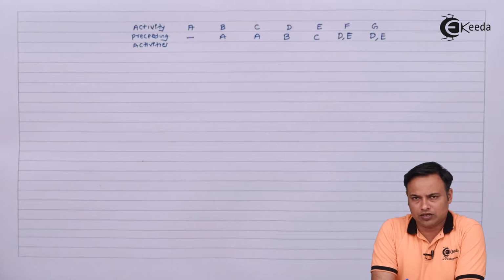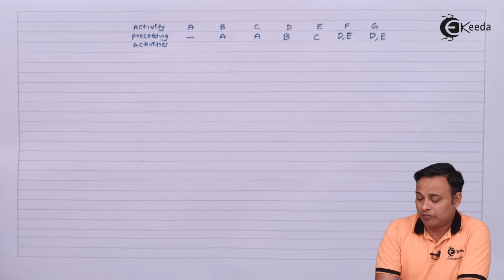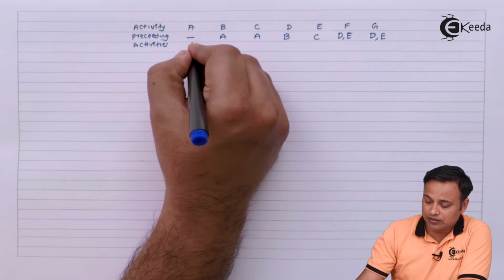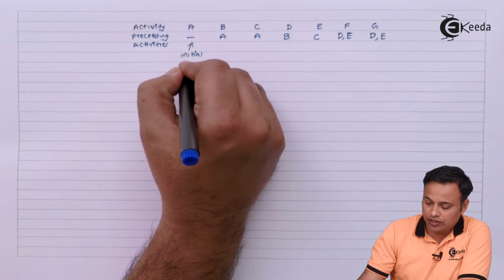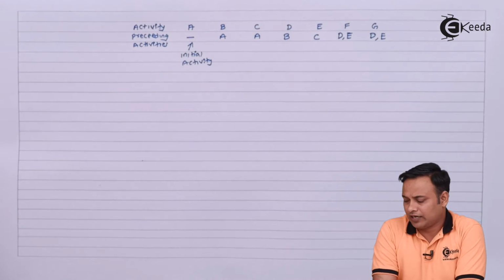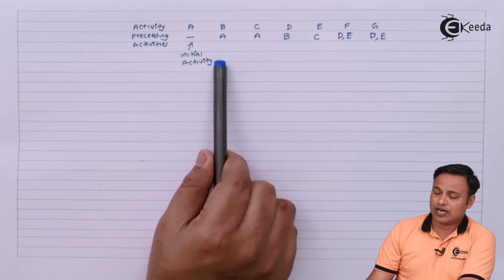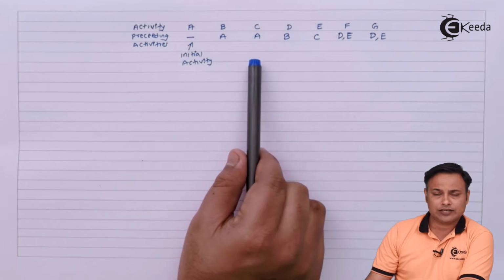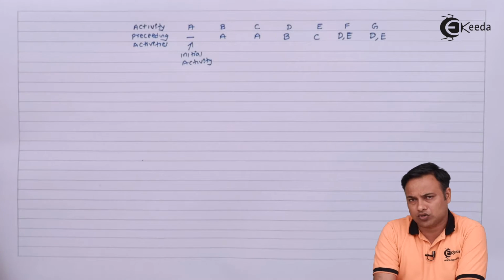If you look carefully in the question, there is no activity before A, meaning A can be called as the initial activity. So A is my initial activity, and after A I can start with B and I can start with C as well. So after A, both B and C will start.